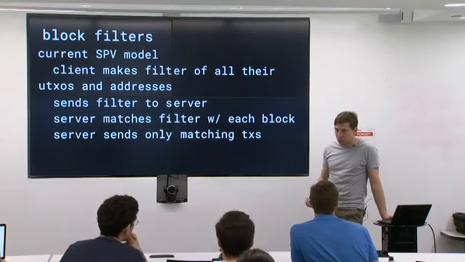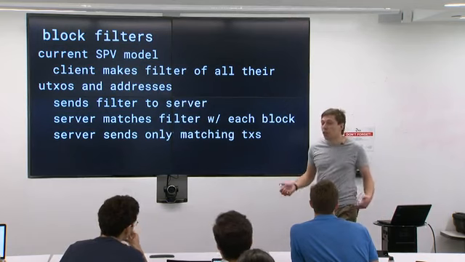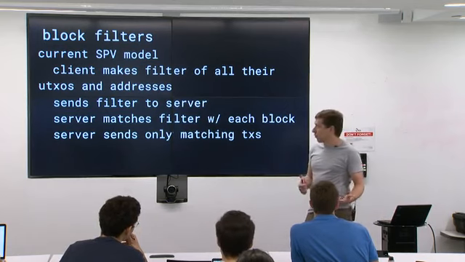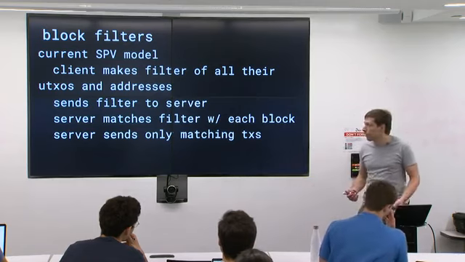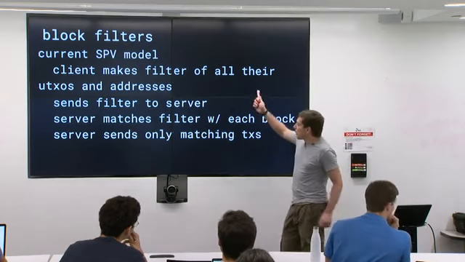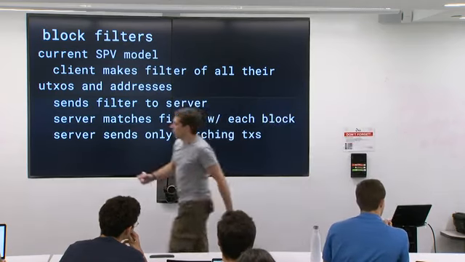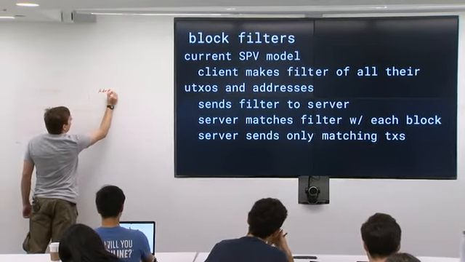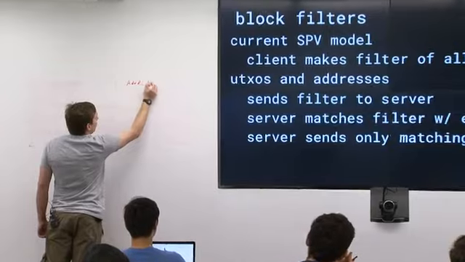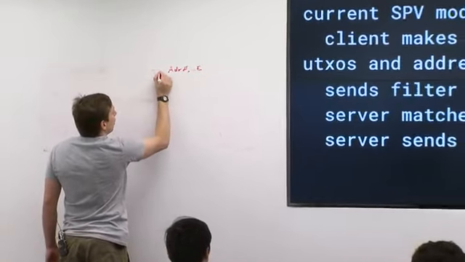You don't know of any money yet existing. But you say, okay, I made 5 addresses. I told these addresses to people. They might have sent me money. That'd be nice. So you make a Bloom filter of all these addresses, right? So let's say you've got addresses A through E, and you make a filter.